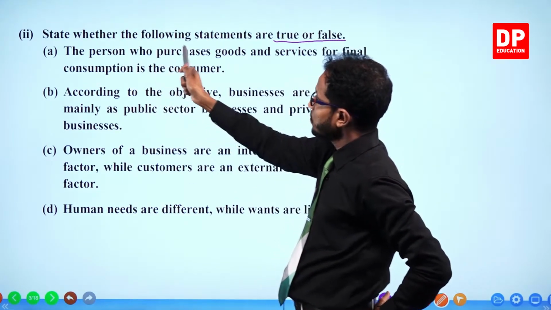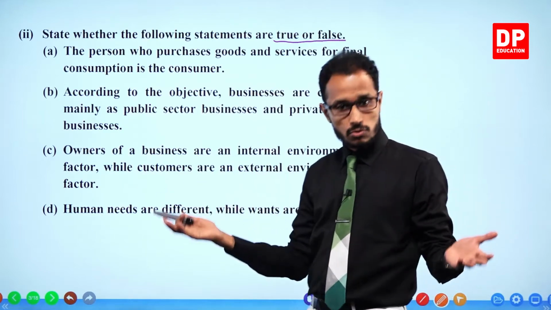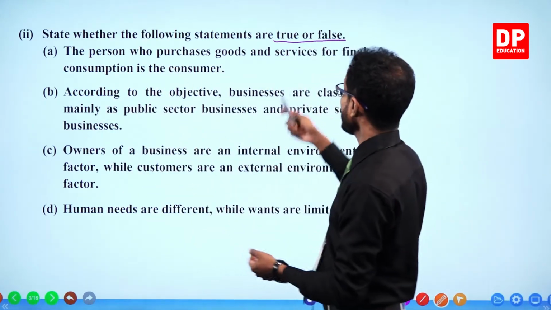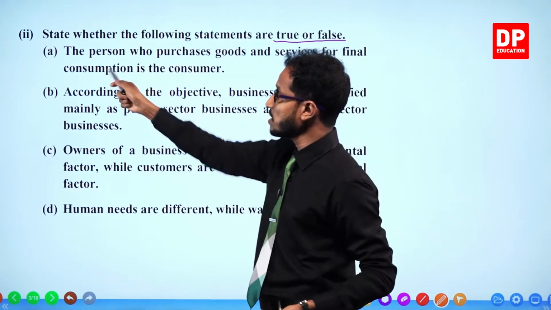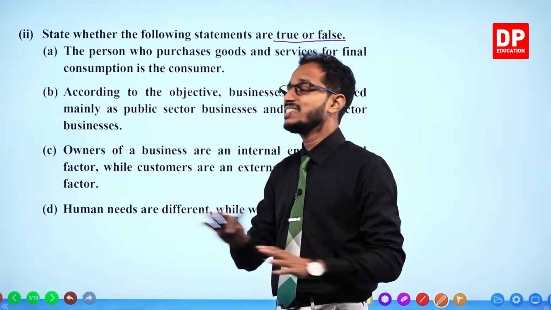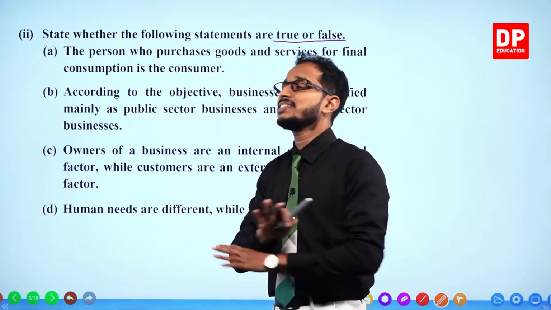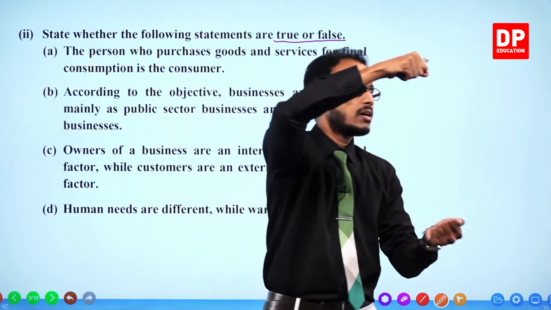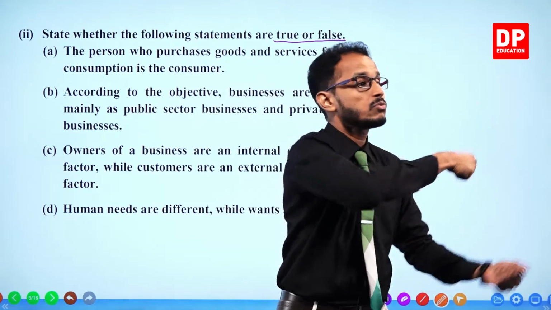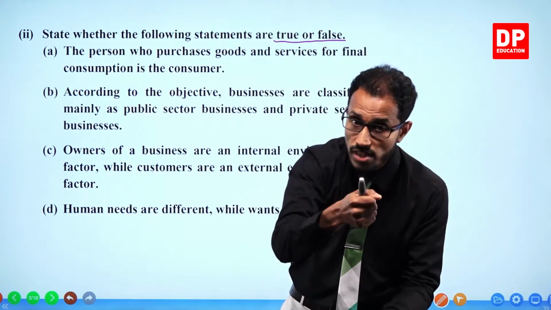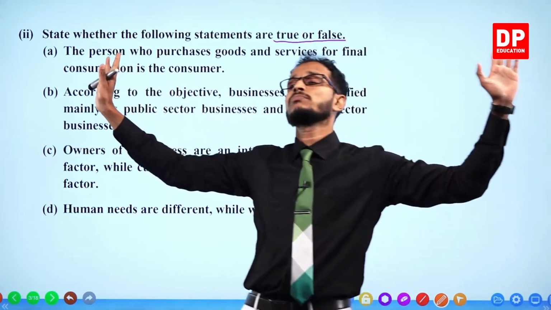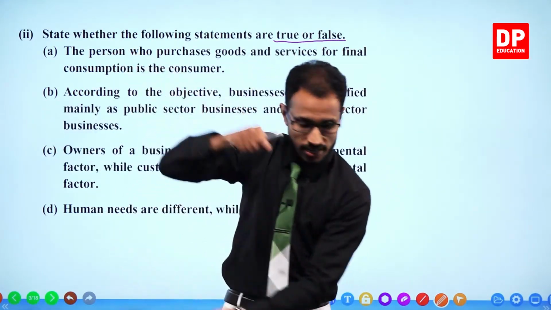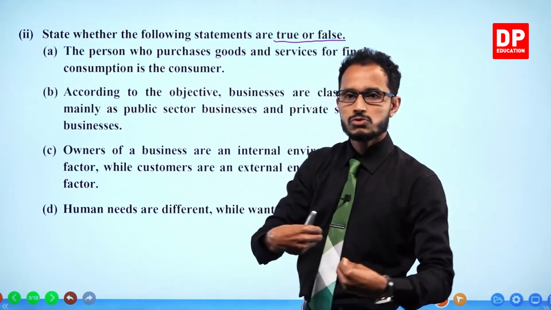The person who purchases goods, who's buying goods, right? For his final consumption, to use is the end. It's the end of the selling process. He does not buy the goods in order to take the goods and sell it somewhere. No, that's not his intention. He's buying the goods to take the goods home for his use.